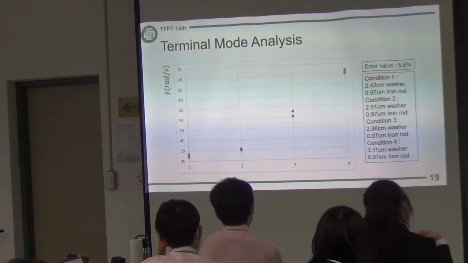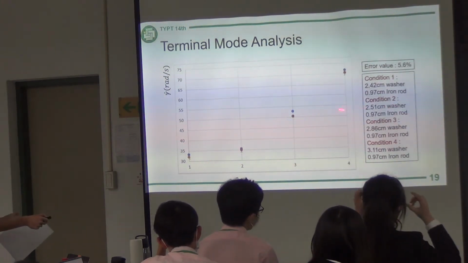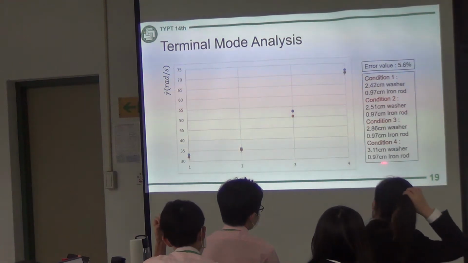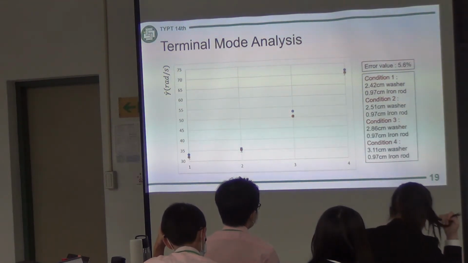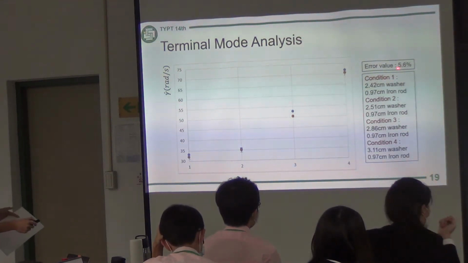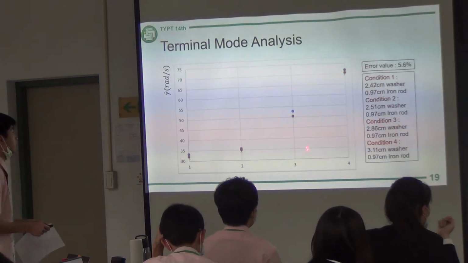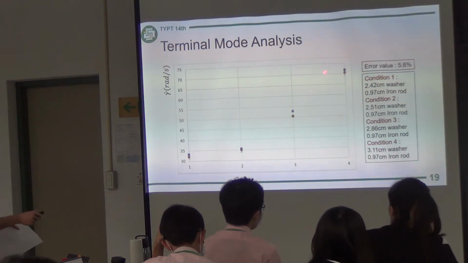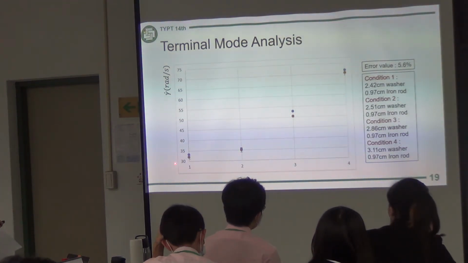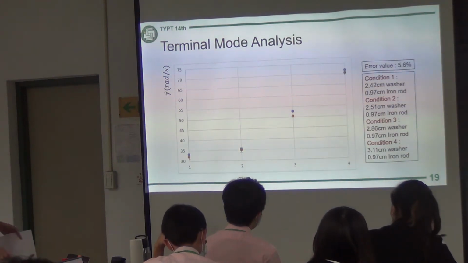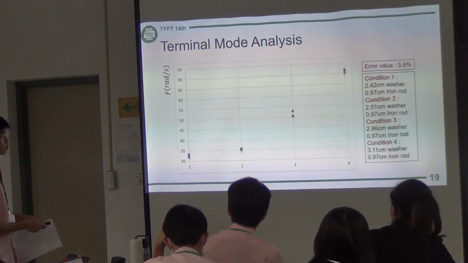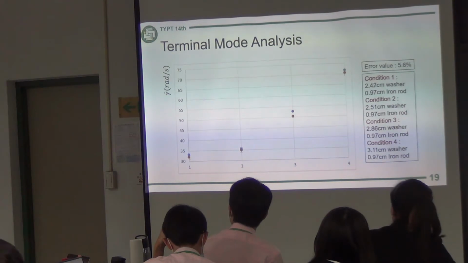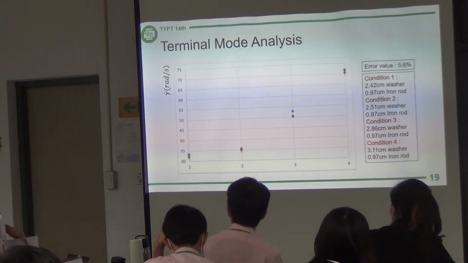There are four different radii of the washer, and as you can see, the error value is 5.6%. The orange point is our experimental result, and the blue point is our theory. So I think this result is precise enough to fit our theory.